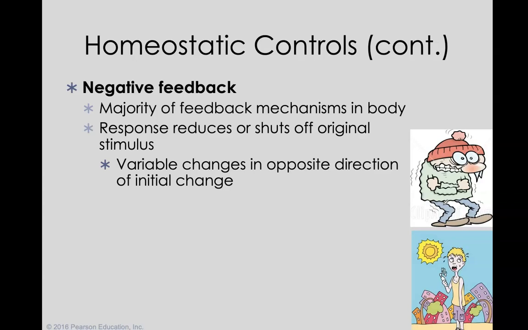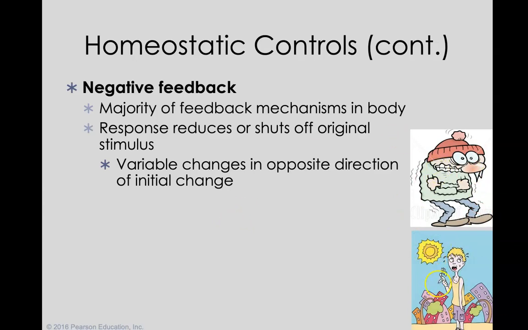So the brain sends out information through your motor neurons to tell your skeletal muscles to start to shiver, and they contract rapidly. When they do that, they release heat as a byproduct. That heat released internally from your muscles helps bring you back to homeostasis, to a degree. If you're standing outside in Antarctica in your skivvies, your body can only do so much, but it's trying to bring you back to homeostasis. So that's a negative feedback mechanism.